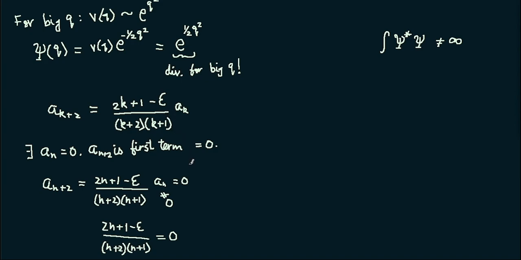And this recurrence relation came about due to us assuming that v of q can be written as a power series. But then also, because of the fact that this series has to break off at some point to allow the normalization of the wave function.